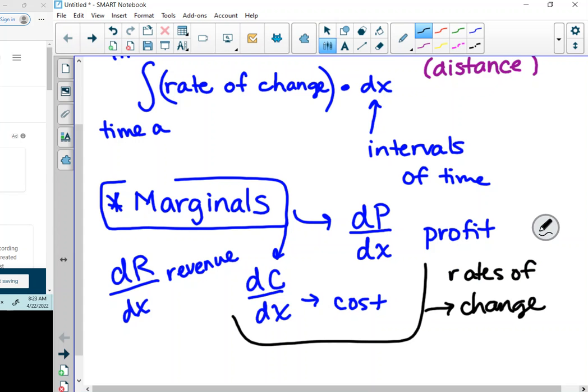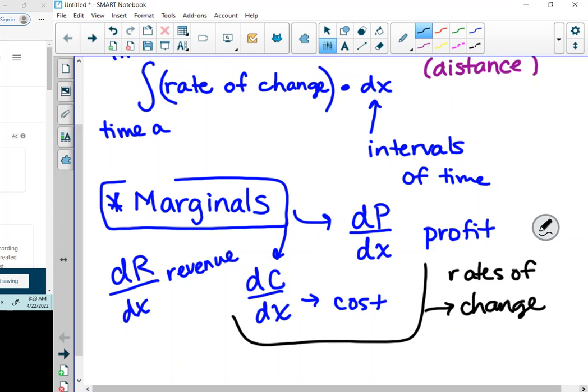Okay. When we took the derivative of the profit, that was the marginal profit, the change in the profit. That's how we found the change in the profit at any one given time, the instantaneous rate of change. Marginal cost is the derivative of the cost, marginal revenue, derivative of revenue.